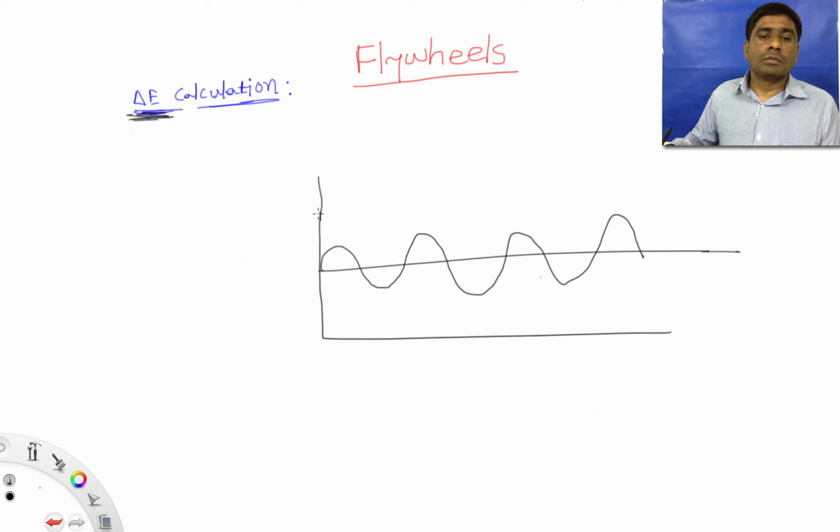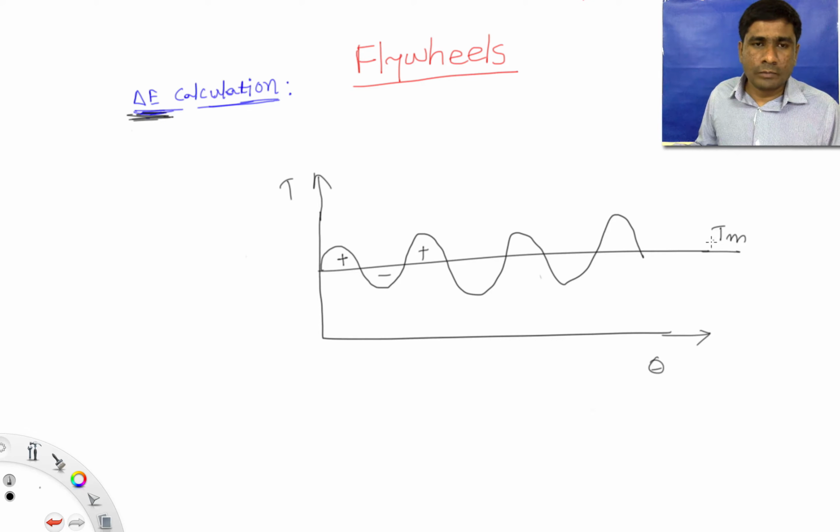So here we cannot take, for example, this as positive and this as negative, and take the maximum area fluctuating around the T mean. Why?